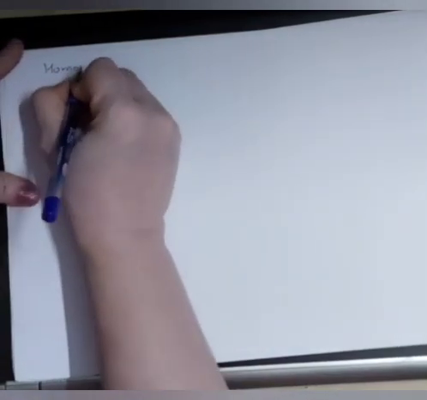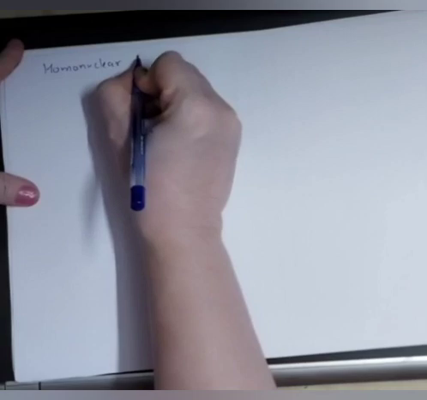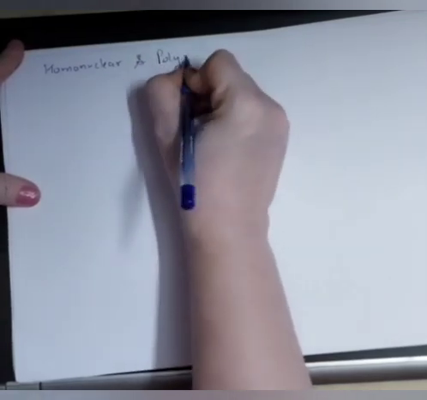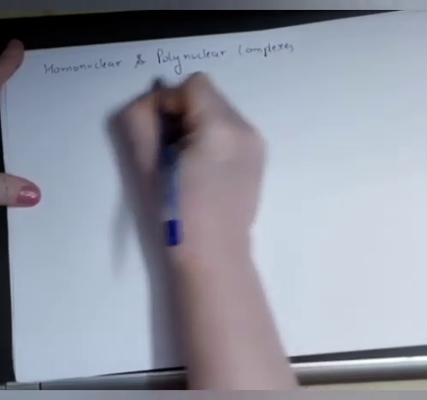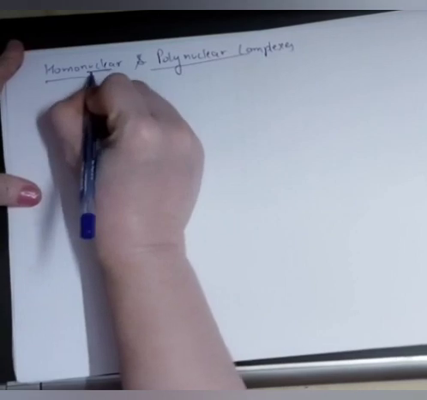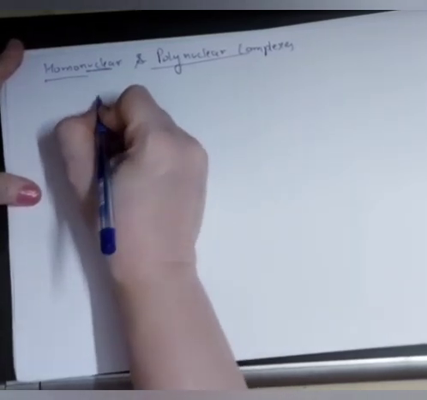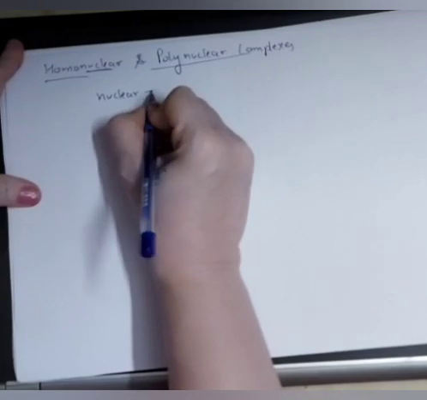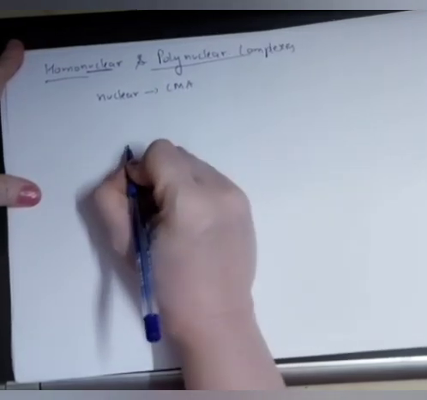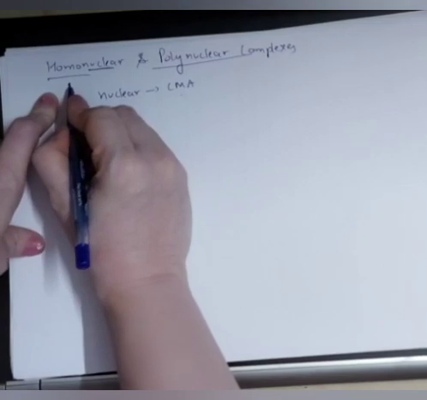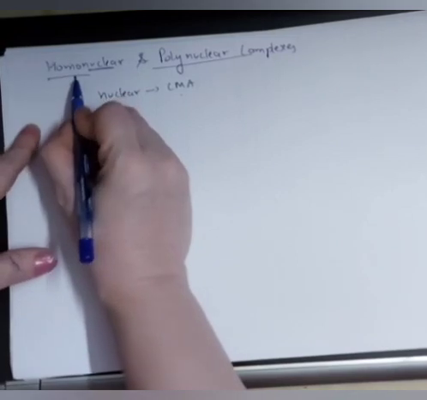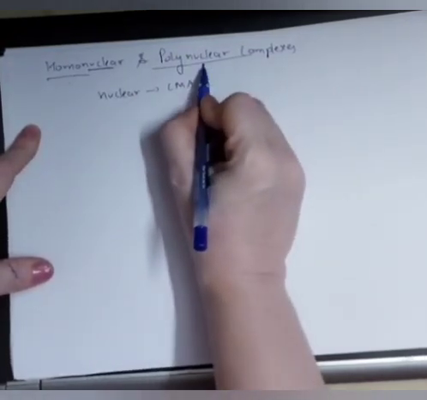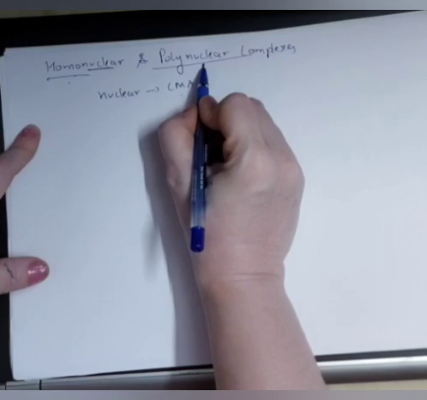Another topic is homonuclear and polynuclear complexes. See here, this word nuclear represents the central metal atom. So now you can understand: one having only one central metal atom we call homonuclear, and one having more than one we call polynuclear.